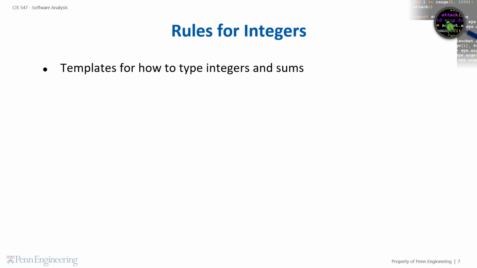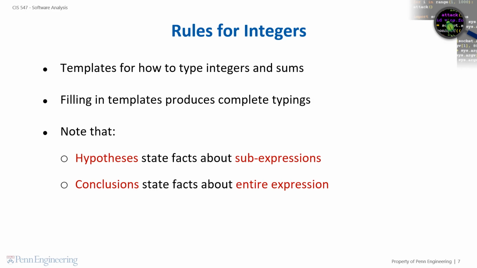These rules thus serve as templates describing how to type integers and expressions containing the addition operator. By filling in or instantiating the templates, we can produce complete typings for expressions. Note that while hypotheses state facts about sub-expressions, conclusions state facts about the entire expression.